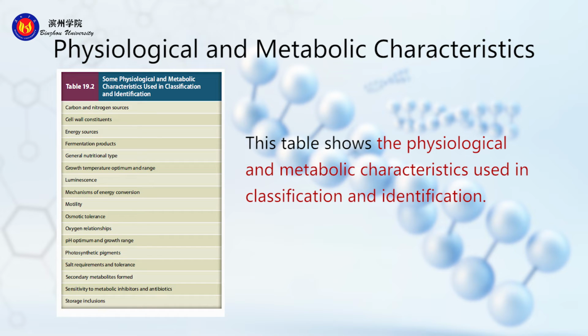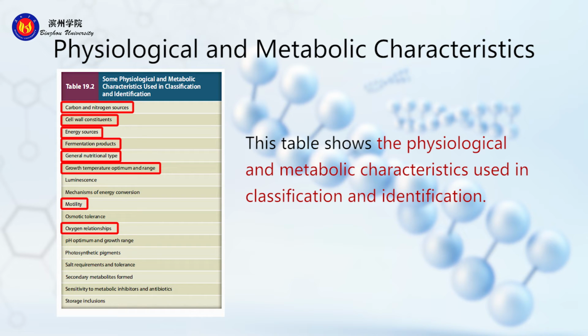For example, carbon and nitrogen sources, cell wall, energy sources, fermentation products, general nutritional type, motility, growth temperature range, oxygen relationship, salt requirement, storage inclusion, and so on.